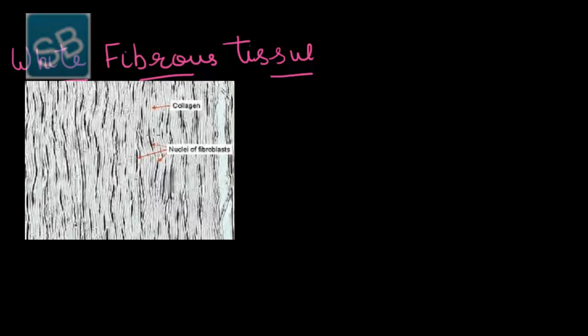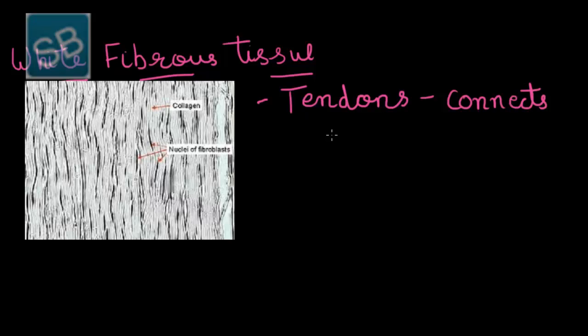Here white fibers or collagen fibers are arranged compactly parallel in bundles. This type of tissue occurs in tendons which connects muscles to the bone.